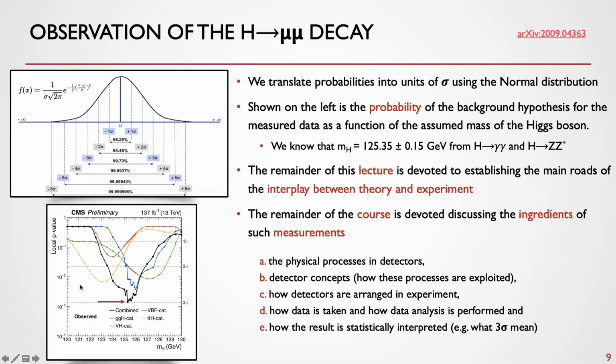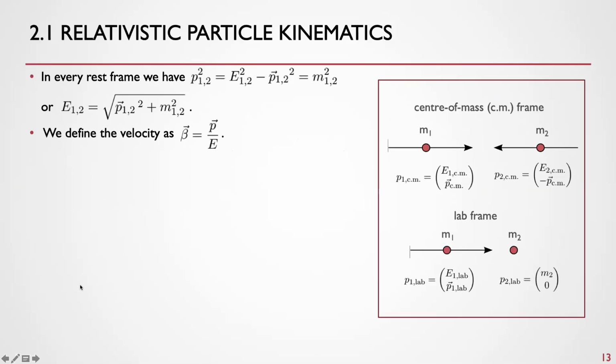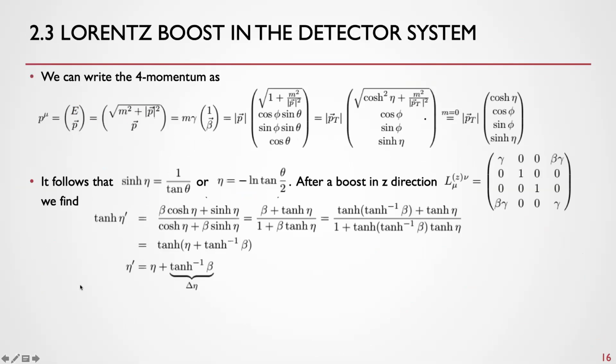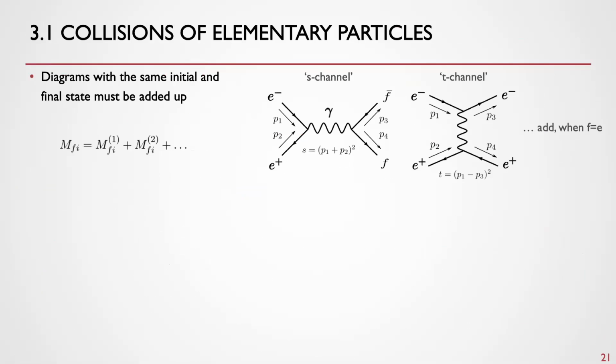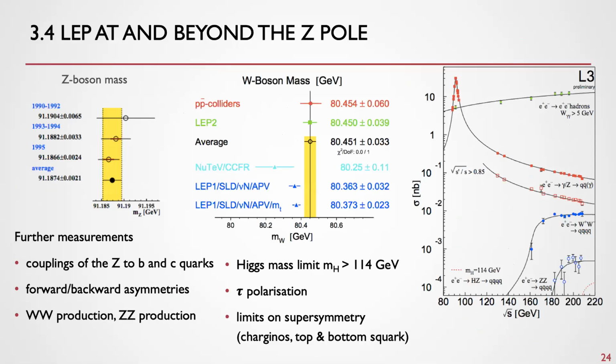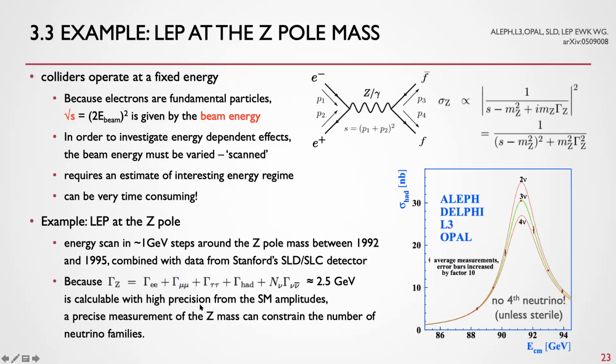At LEP, the number of neutrino families could be put to a stringent test by considering the width of the Z boson. The width gets a contribution from the neutrinos multiplied by the number of neutrino families, and this can be compared to experiments.